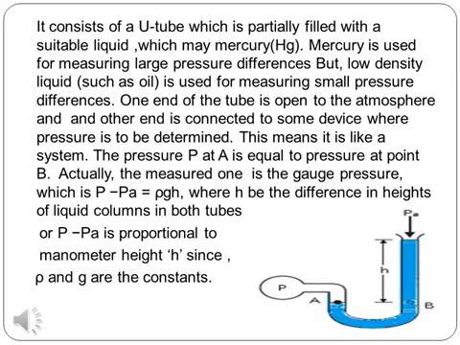It consists of a U-tube which is partially filled with a suitable liquid, which may be mercury. Mercury is used for measuring large pressure differences, but a low density liquid such as oil is used for measuring small pressure differences.